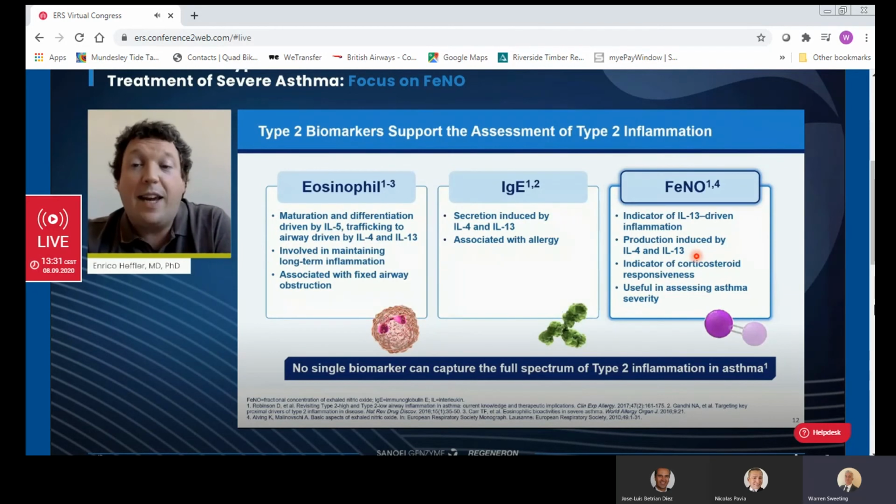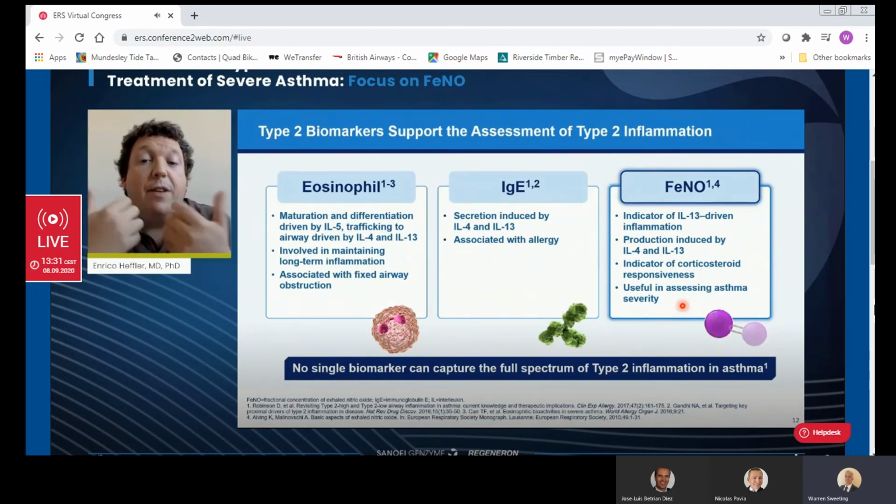So it's an indicator of an IL-13 inflammation, and as we probably will see later on, is also an indicator of a possible increased corticosteroid responsiveness, and this is absolutely an important and clinically meaningful property of this biomarker.